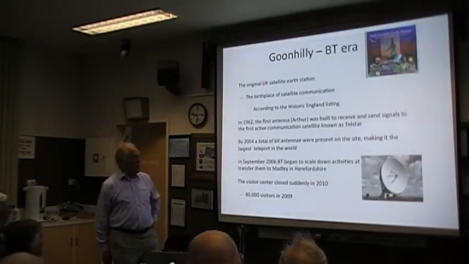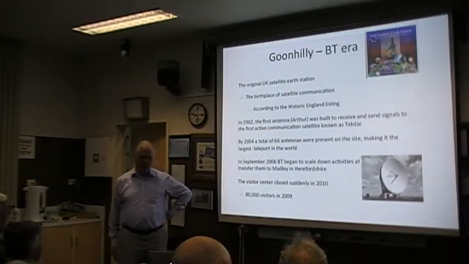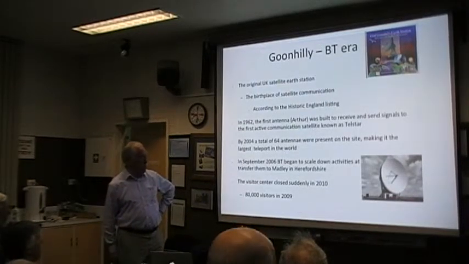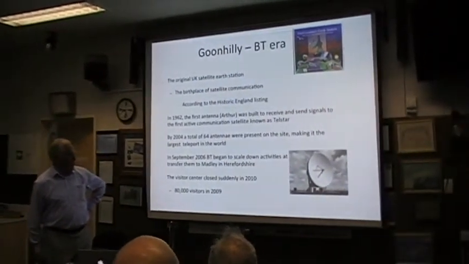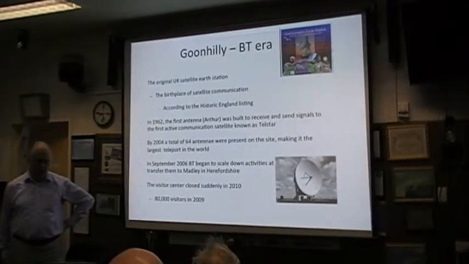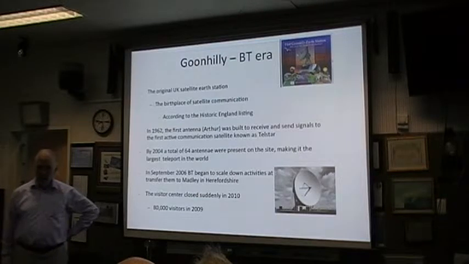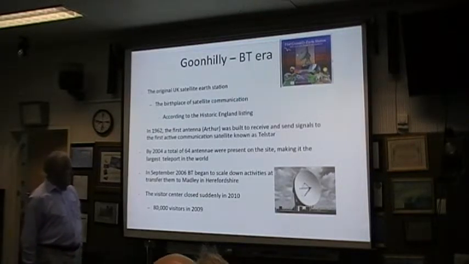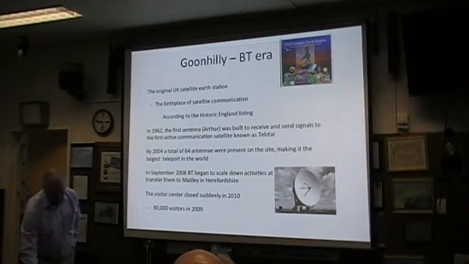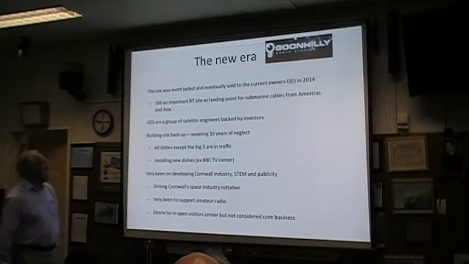Well, starting with the history of Goonhilly, it was one of the first ground stations for satellite communications, starting with GHY-1, also known as Arthur, which transmitted and received the first TV signals across the Atlantic with what we would now describe as a low Earth orbit satellite called Telstar. So it really kicked it all off a very long time ago.